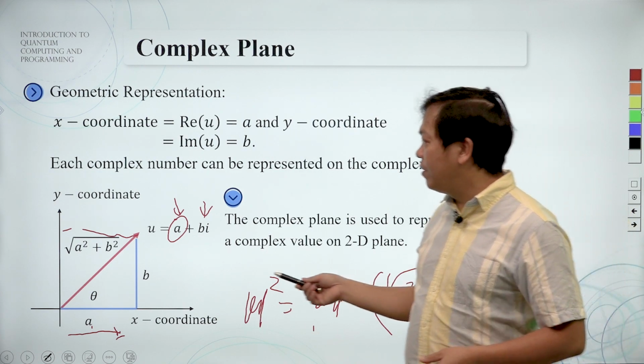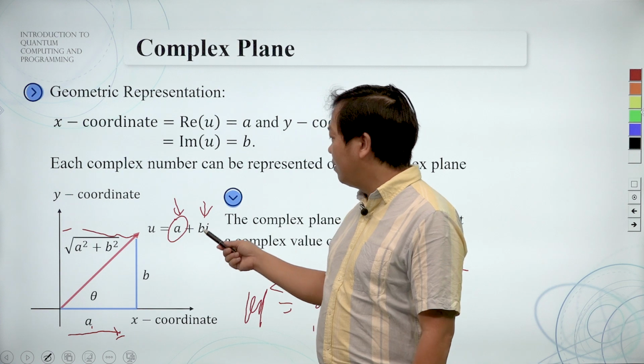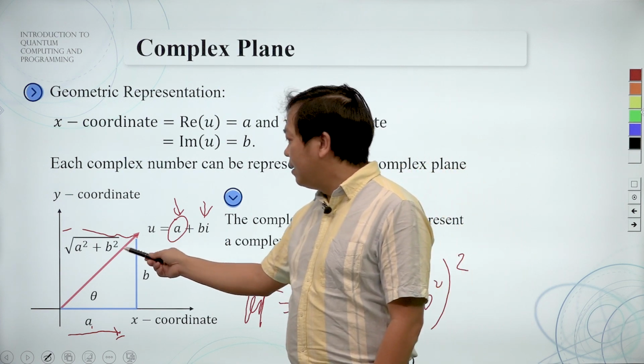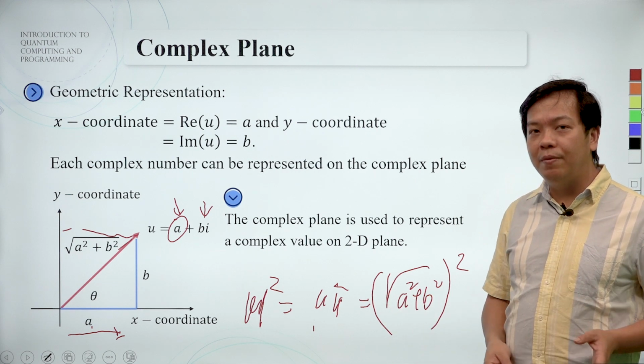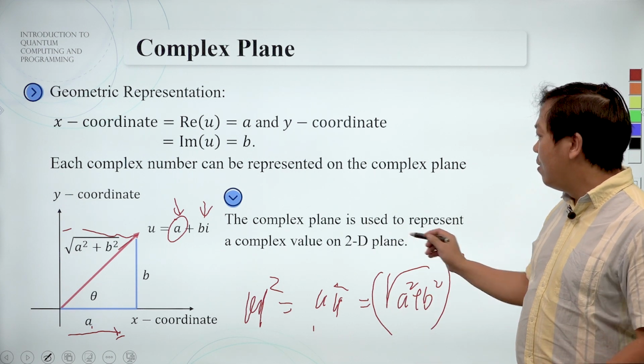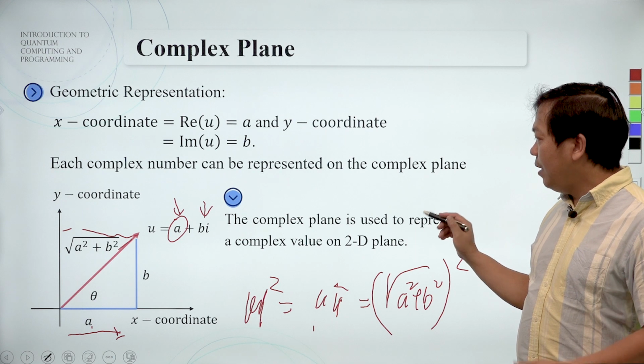So remember we have two parts, the real number and the complex number, and this part we can equal to the conjugate multiplied with the other vector. So the complex vector or complex plane.